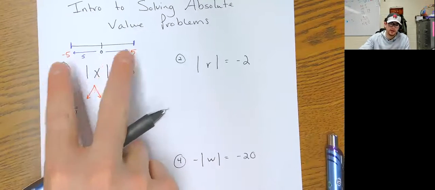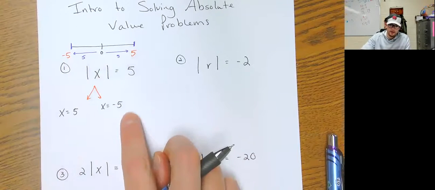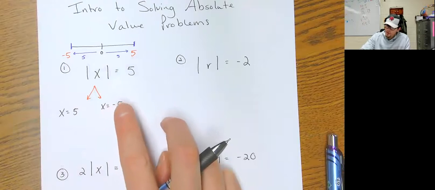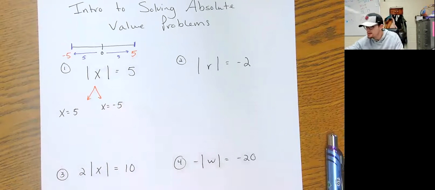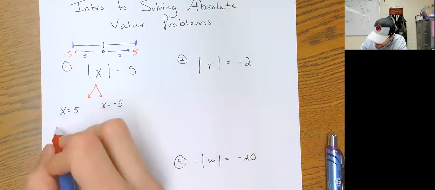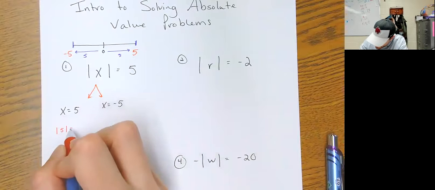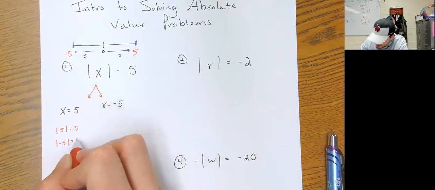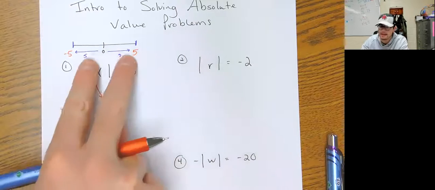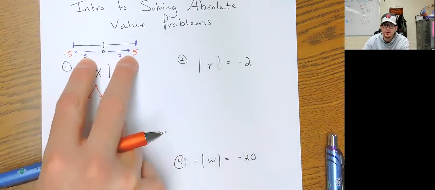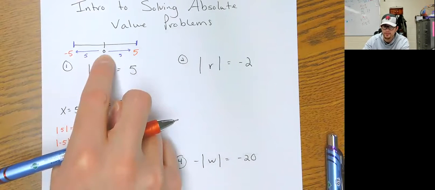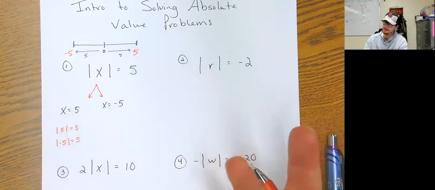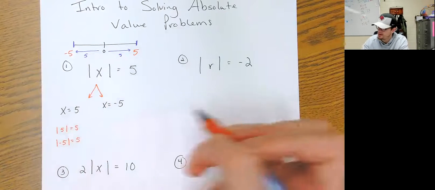You get -5 and +5. And that should make sense, because if I do the absolute value of 5, I get 5, and if I do the absolute value of -5, I also get 5, because they are both 5 units away from 0. I think it makes sense.